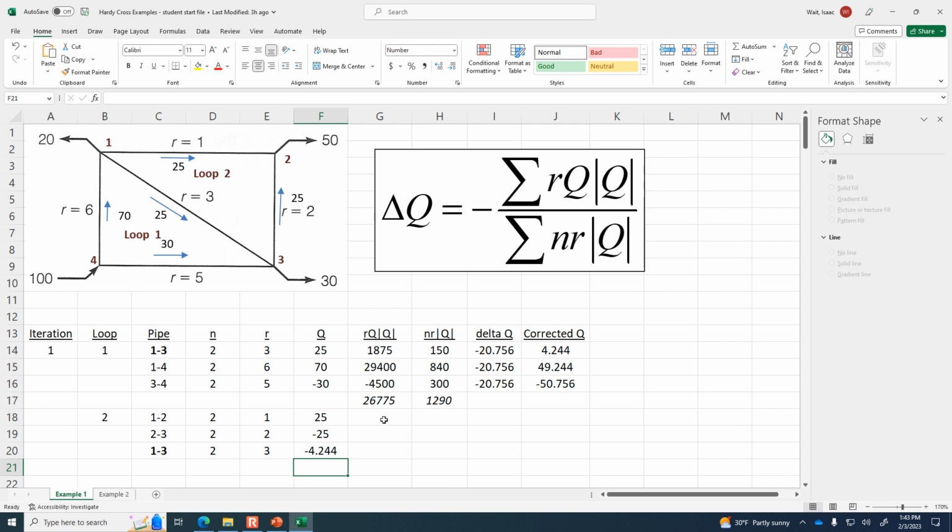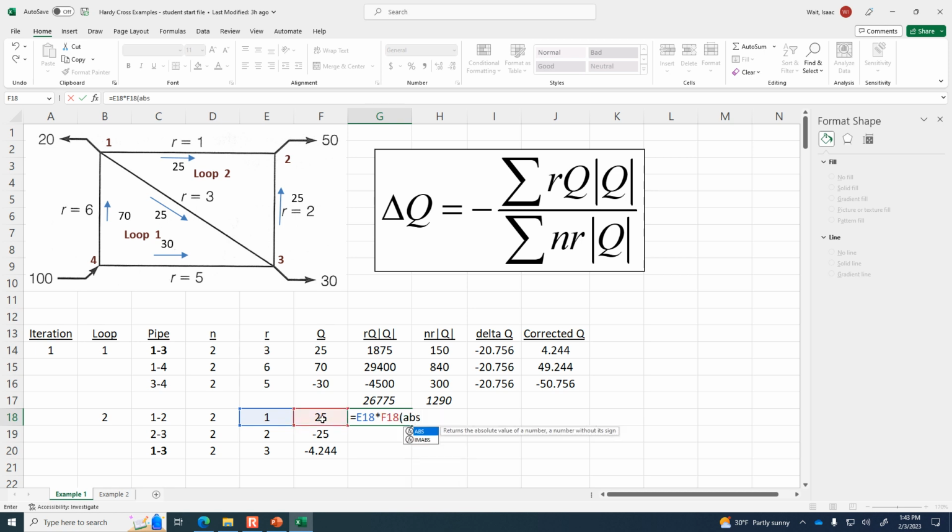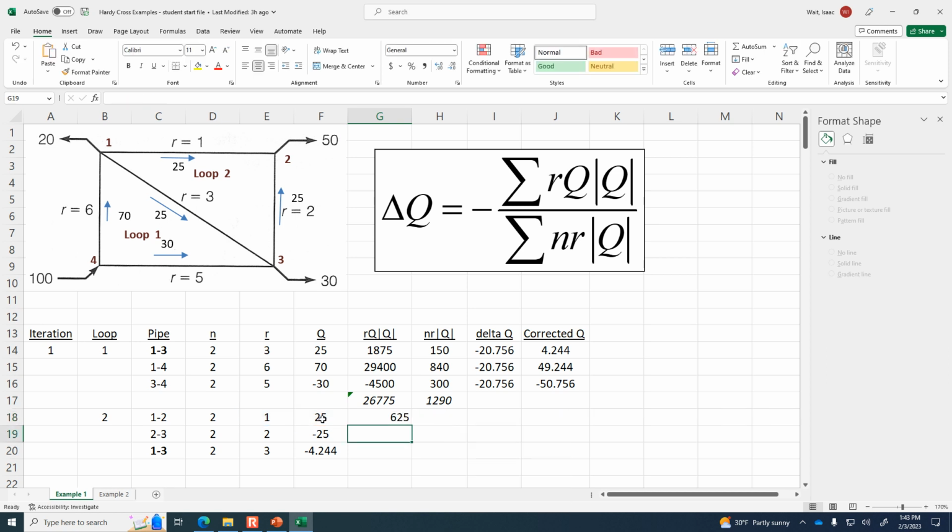Okay, so now let's apply this formula of R times Q times absolute value of Q, and drag that down through all 3 of them.